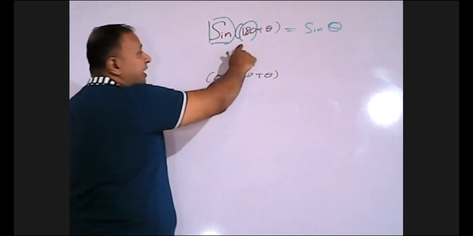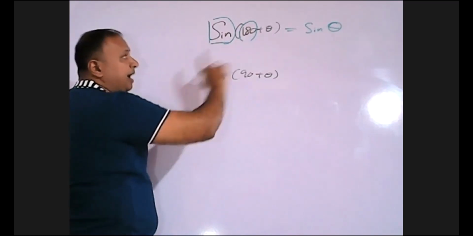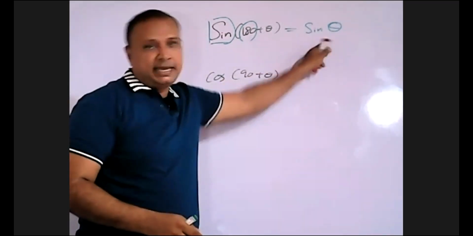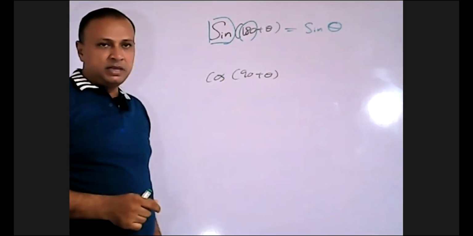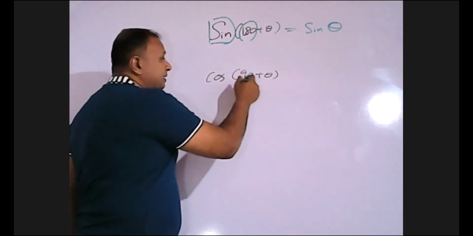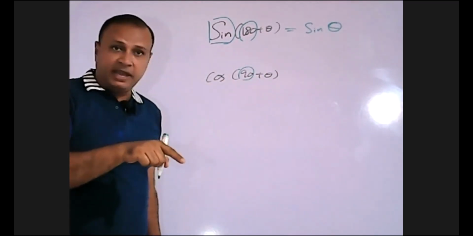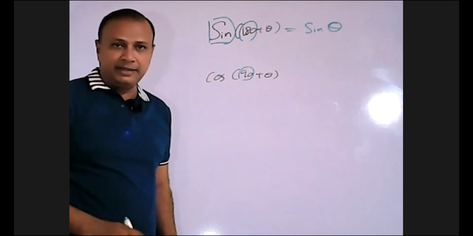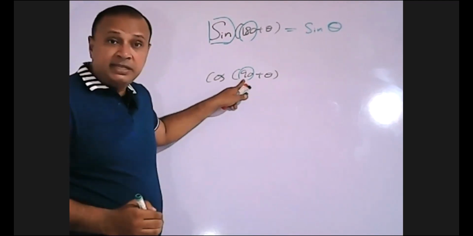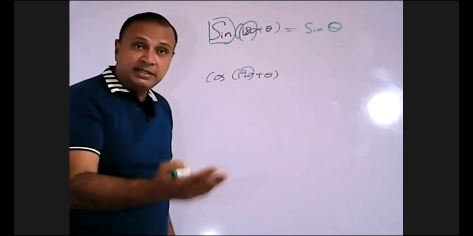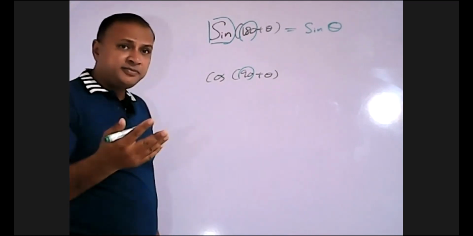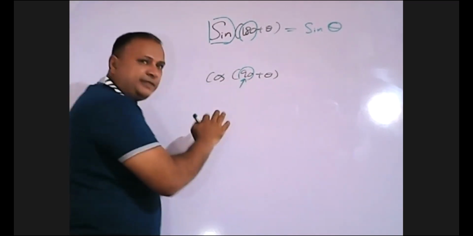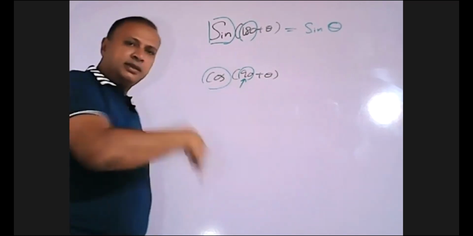So the relationship between sine of 180 plus theta and theta: the magnitude is equal to sine theta. If this value is an odd multiplication of 90, that means 90 into 1, 90 into 3, 90 into 5, something like that, then the trigonometric ratio will be changed.